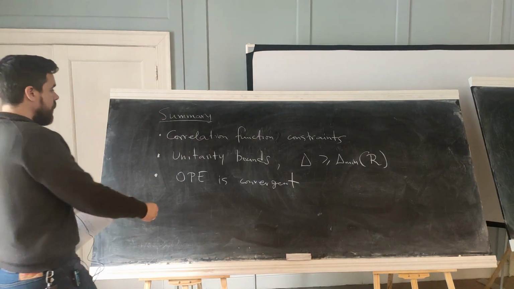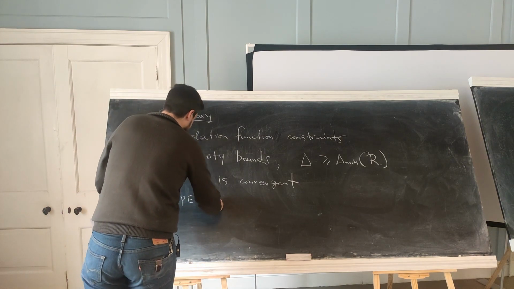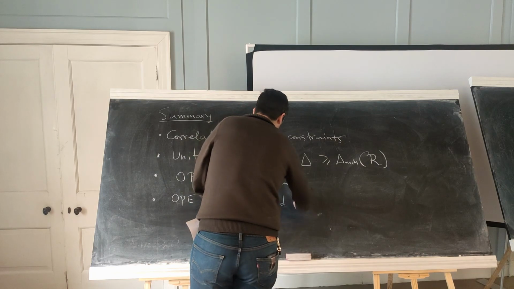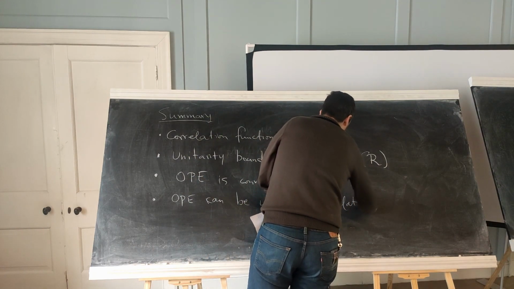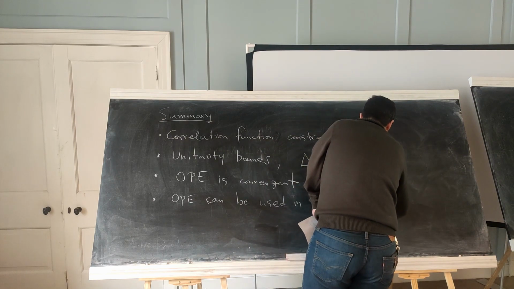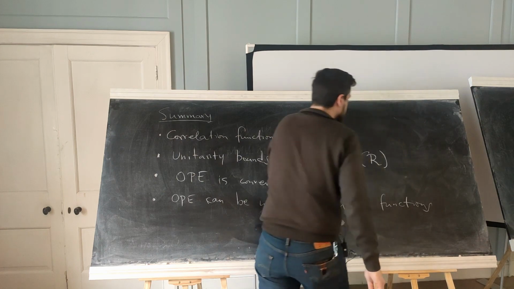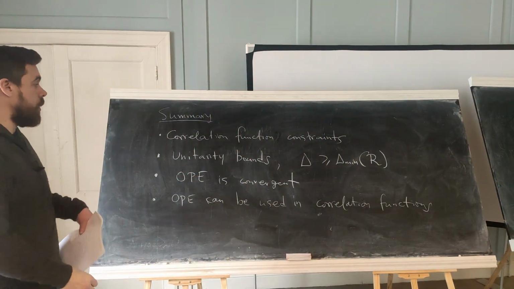And then we said that this can be used in correlation functions to reduce them to correlation functions with lower points, with a smaller number of points.